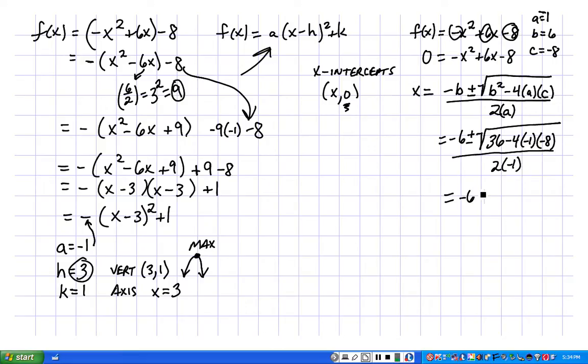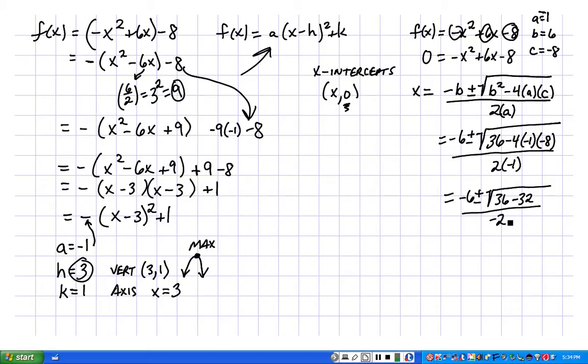so negative 6 plus or minus square root 36, and now we have, what is this, negative 4 times a negative 1 is a positive 4, positive 4 times a negative 8 is a negative 32, divided by negative 2.